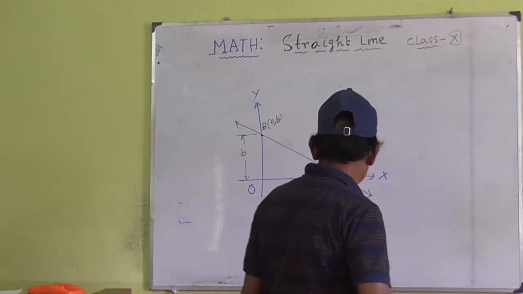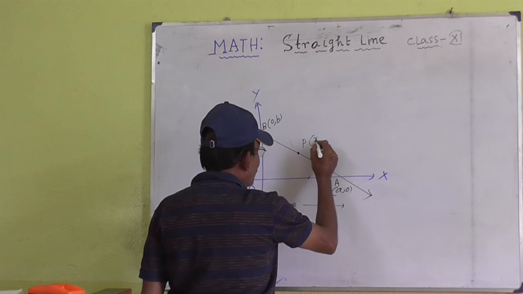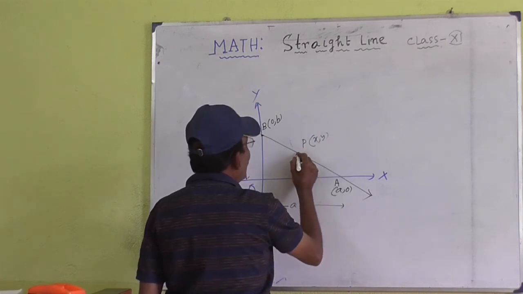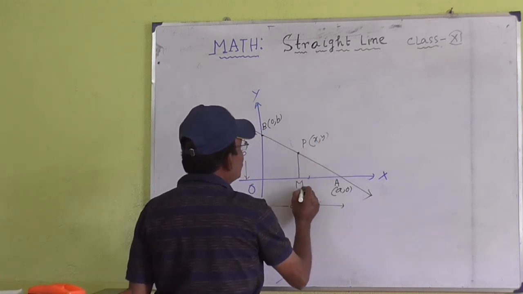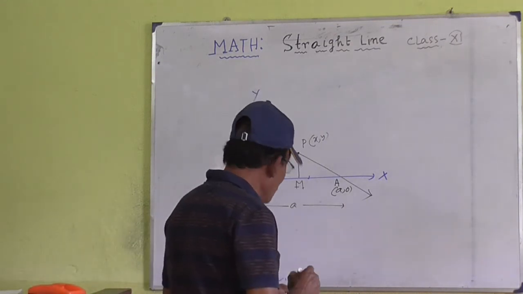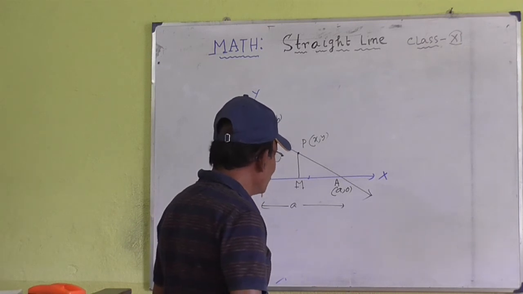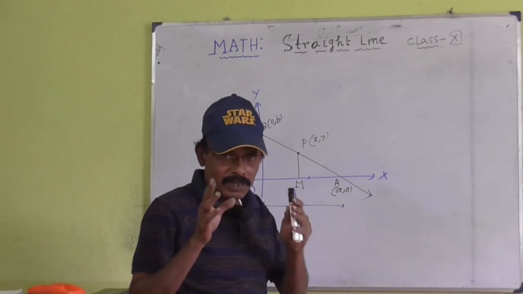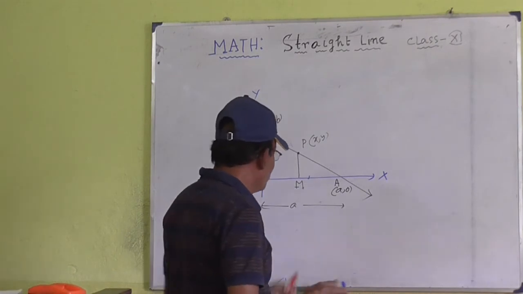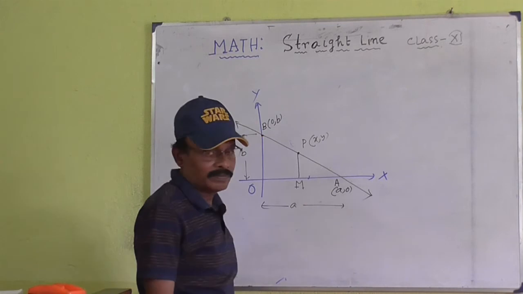Now, let us choose any point P (x, y) on the line and draw perpendicular PM.